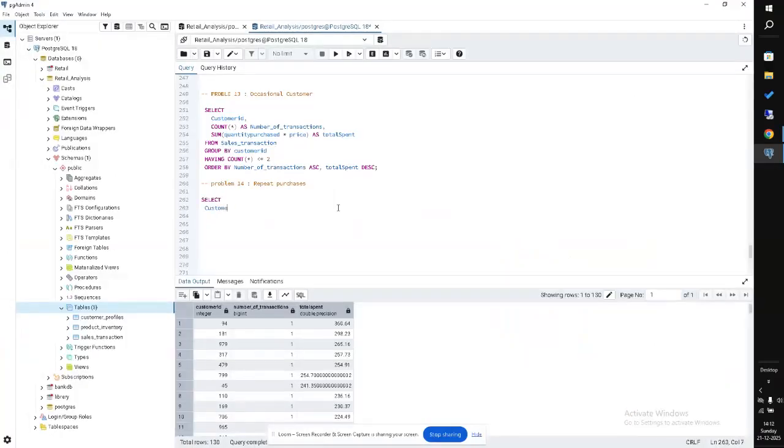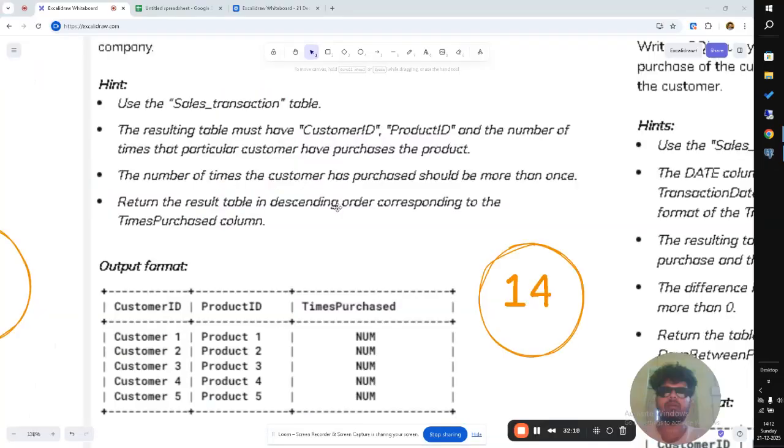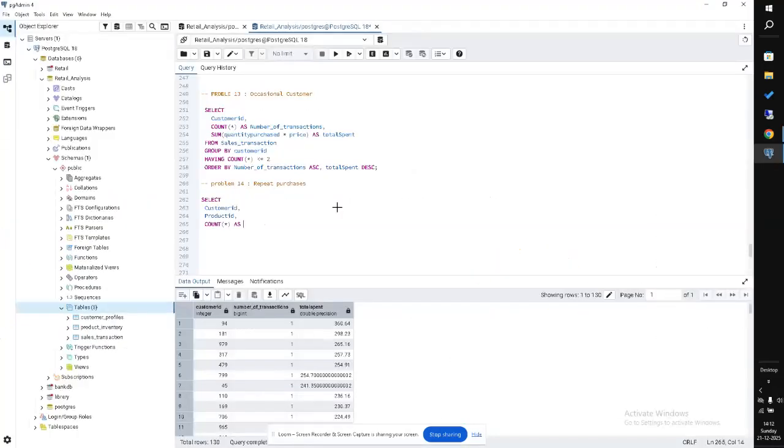So select customer ID and product ID and count star as times purchased from sales transaction group by customer ID and product ID having count greater than 0, and order by times purchased in descending order.